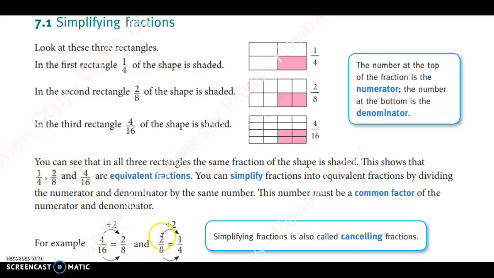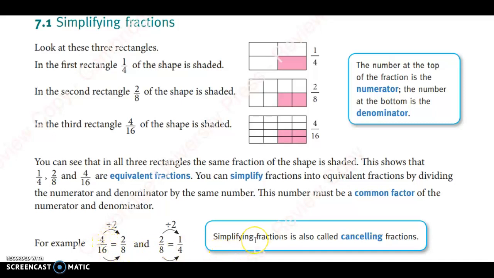And 2 out of 8, we can simplify it again. How? 2 and 8 have a common factor 2, so both of them can be divided by 2. 2 divided by 2 is 1, 8 divided by 2 is 4. So we have 1 out of 4, the same as 2 out of 8, and the same as 4 out of 16.